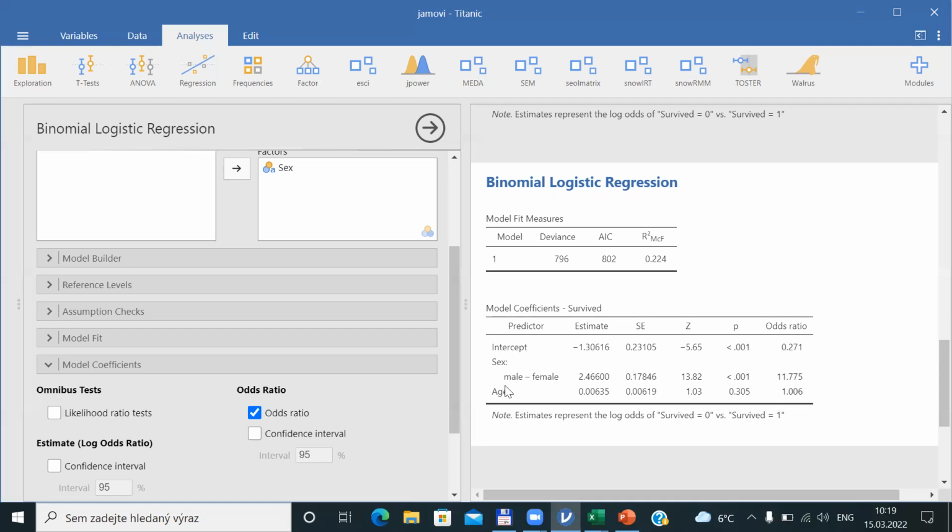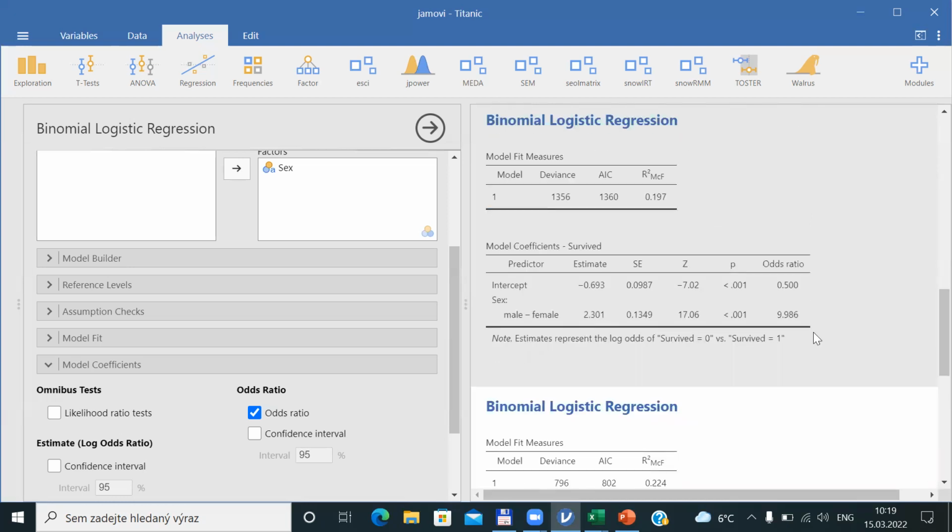So the original value of approximately 10 for this odds ratio, male versus female, non-survival, was slightly biased downwards. Maybe the reason was some unequal age structure for male and female.